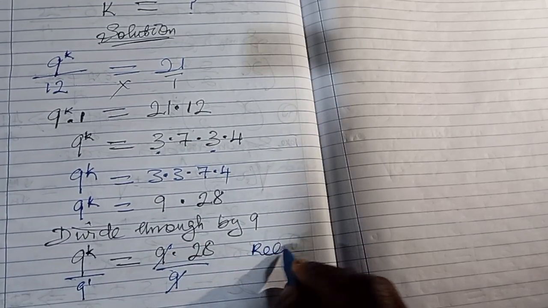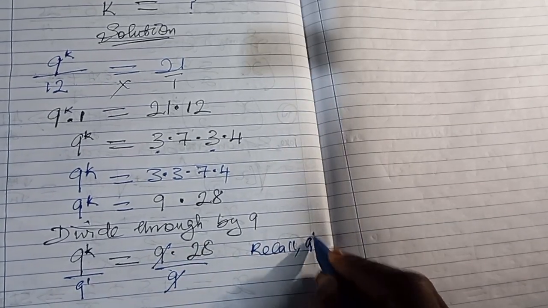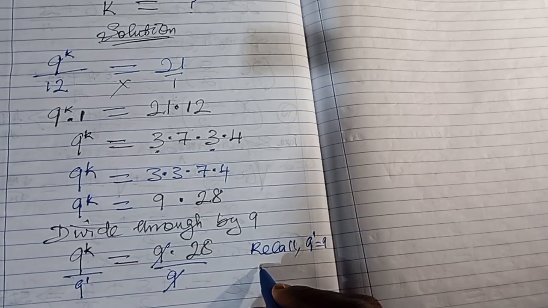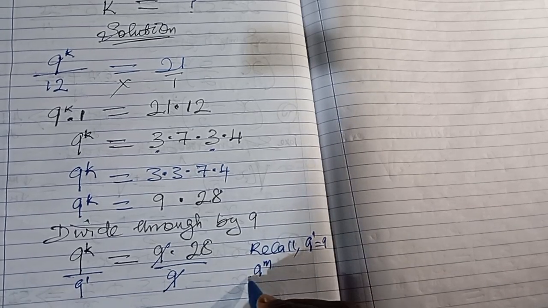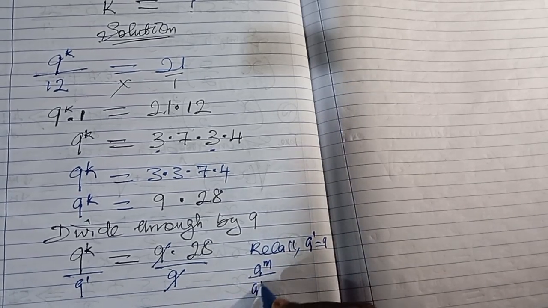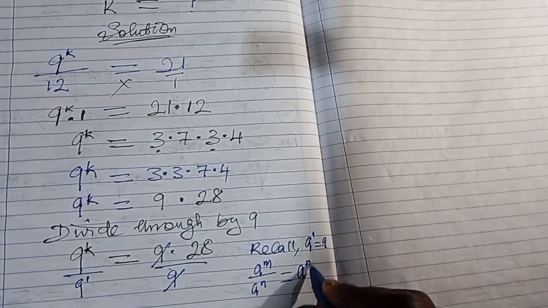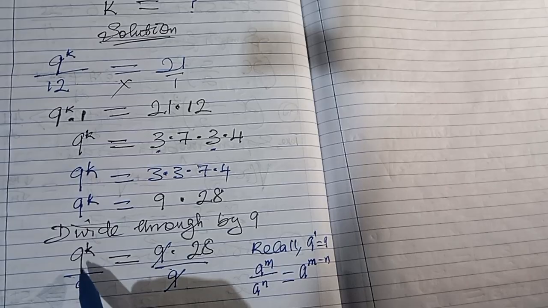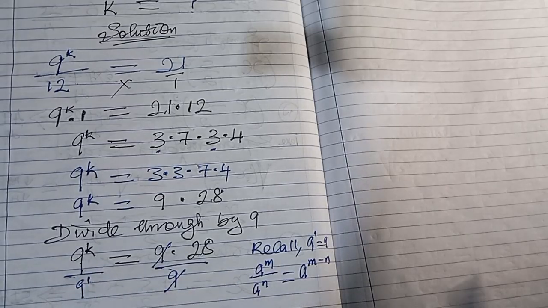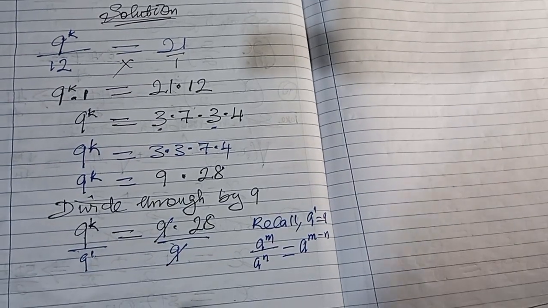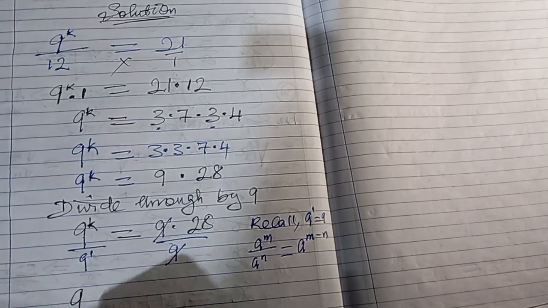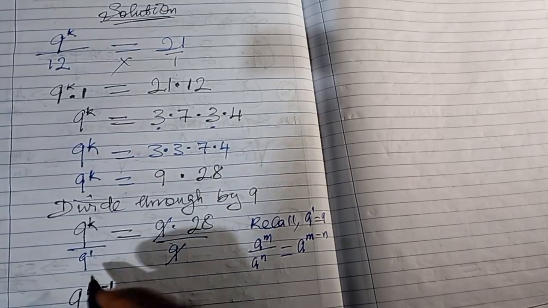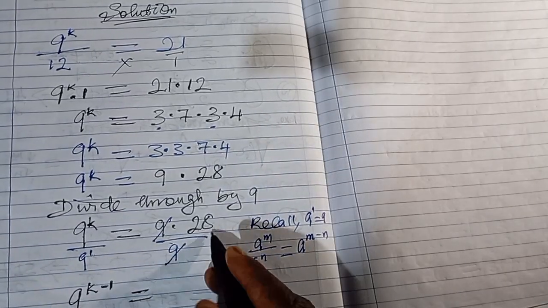Recall, 9 raised to power 1 is the same as 9. And a raised to power m divided by a raised to power n will give us a raised to power m minus n. So this is k and this is 1 and they have the same base. We are going to subtract it. Okay? So we now have here 9 raised to power k minus 1 is equal to 28.